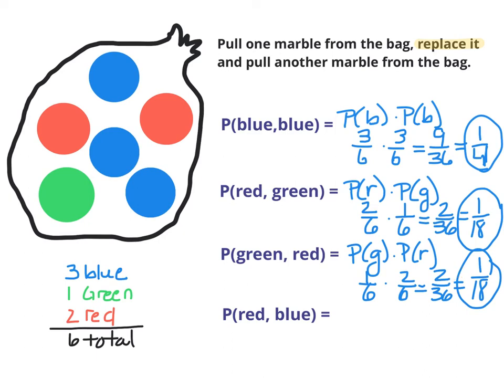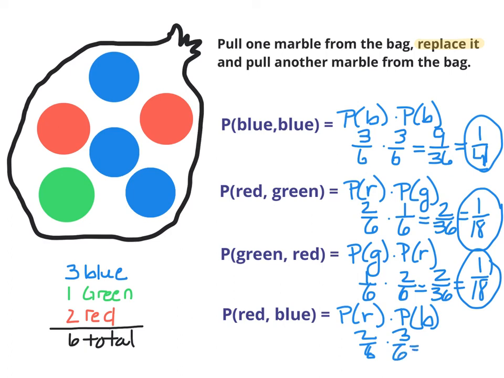All right, let's look at our last probability, where we're going to pull a red out of the bag first, replace it, and then pull a blue out of the bag. So we want the probability of pulling red first, and then probability of pulling a blue after you replace the red. So the probability of red would be 2 out of 6, times the probability of blue, which would be 3 blue out of 6.